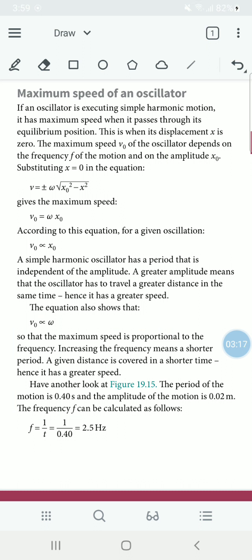The maximum speed Vo of the oscillator depends on the frequency of the motion and on the amplitude xo.